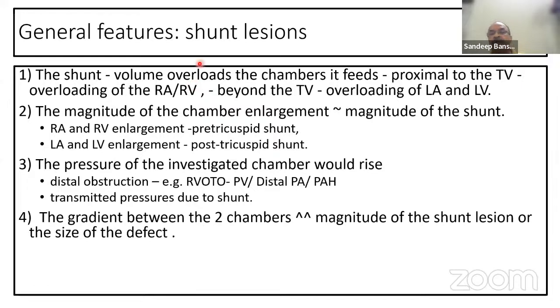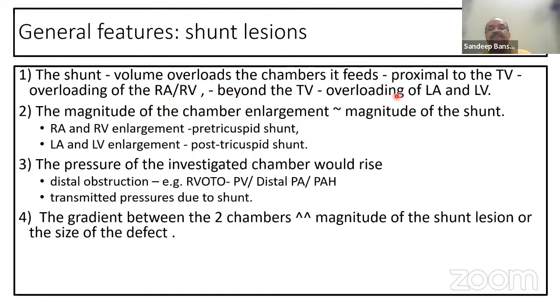Now, if we talk of the major features of these shunt lesions, wherever the shunt is taking place, the volume of blood overloads the chamber that it feeds. So typically, if it is occurring before the tricuspid valve, then there would be overloading of the right atrium and the right ventricle.